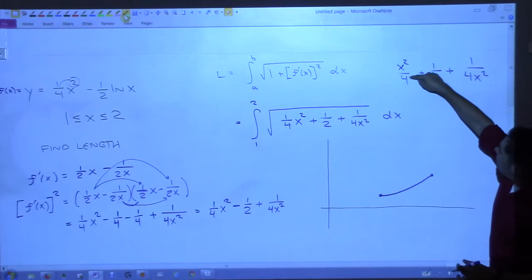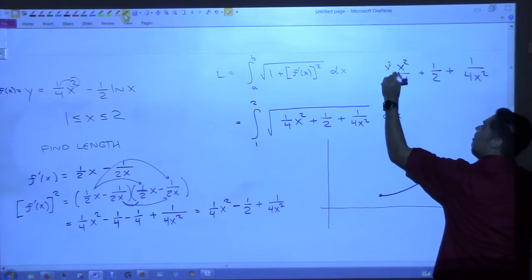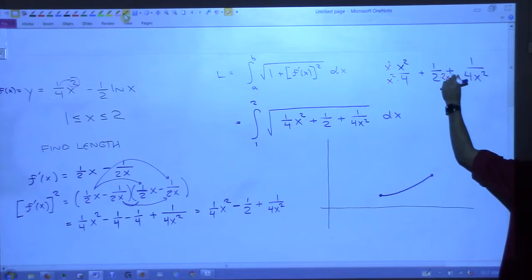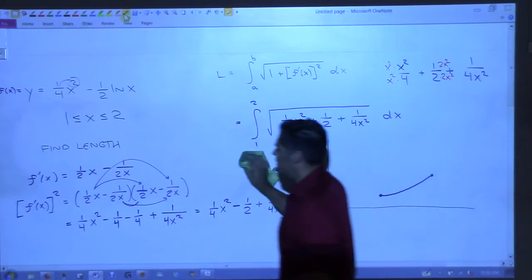So I need to multiply top and bottom of this one by x squared. So I multiply x squared up here, x squared down here. What do I have to multiply this by on top and bottom? 2x squared on the top and bottom, right? And then what about this one? 1. So nothing. I don't need to touch that one, right? That one's okay.